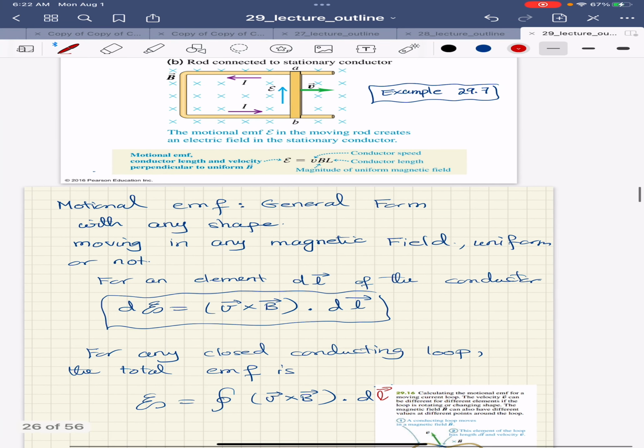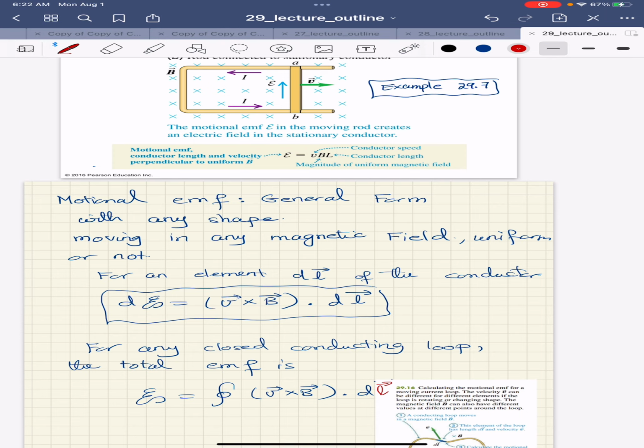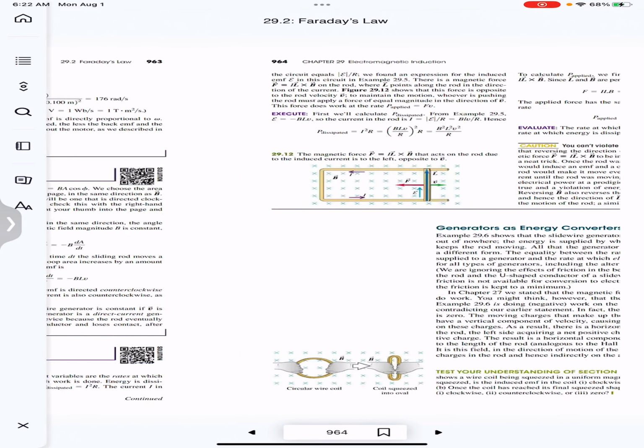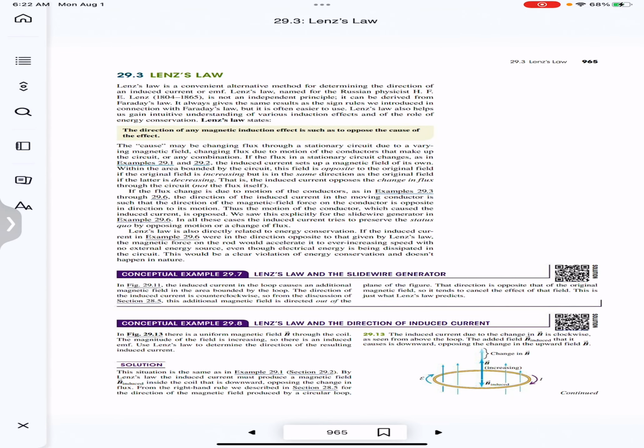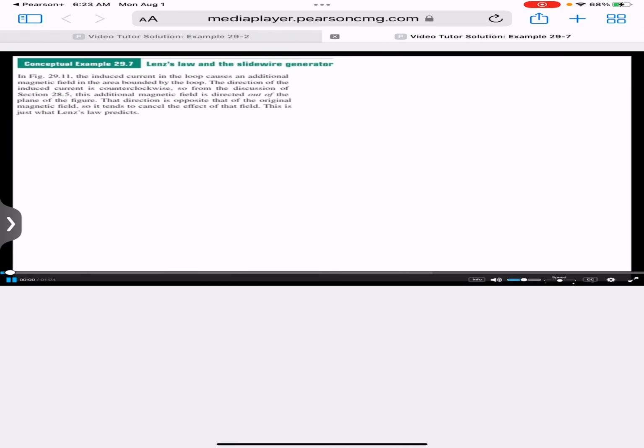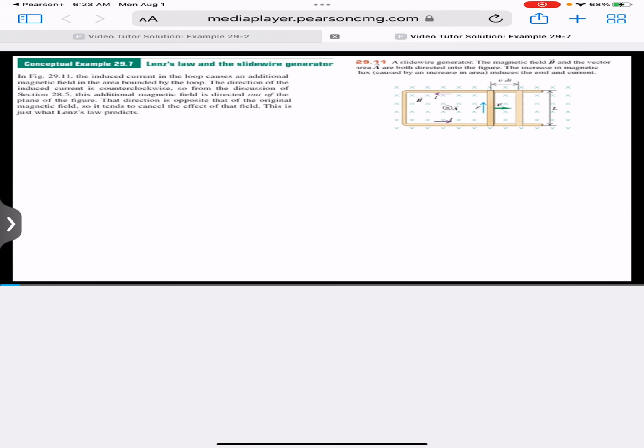I want to also introduce example 29.7 here. In conceptual example 29.7, we're going to consider Lenz's law in the context of the slide wire generator that we considered in the previous two examples.